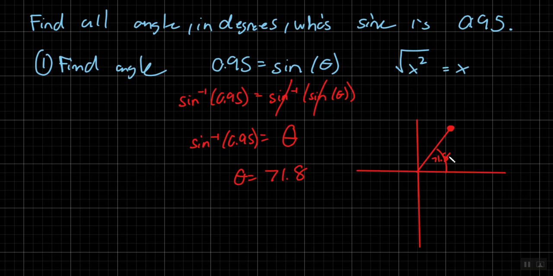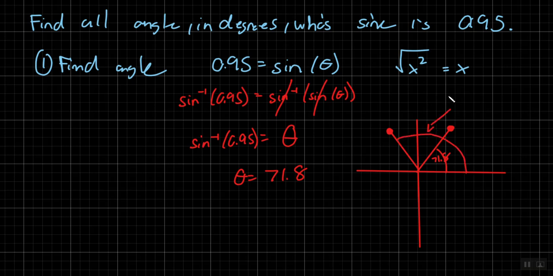There are multiple answers. Sine is positive in the first quadrant. Where else is sine positive? The second quadrant as well. So it has symmetry over the y-axis. So this theta is also a correct answer.